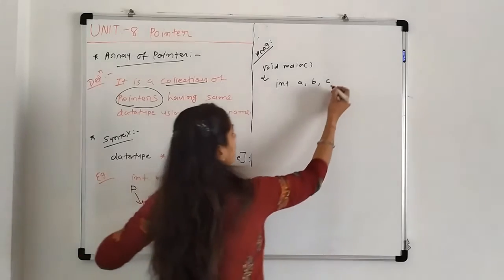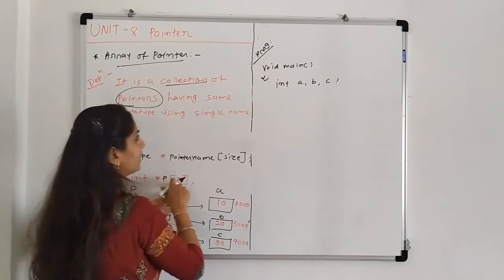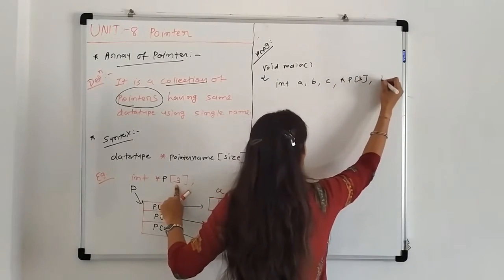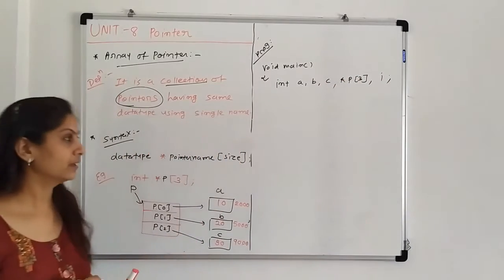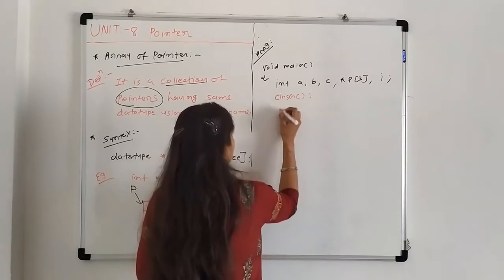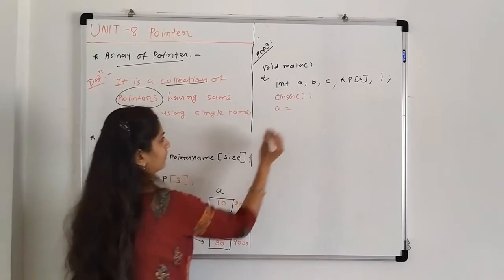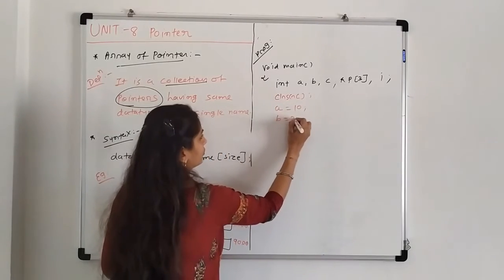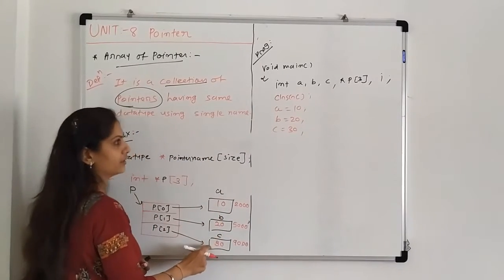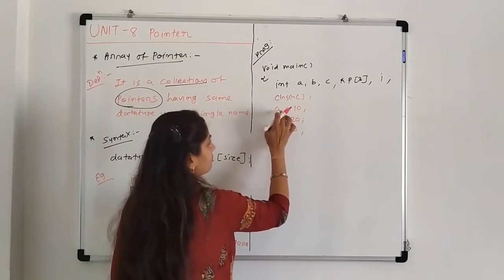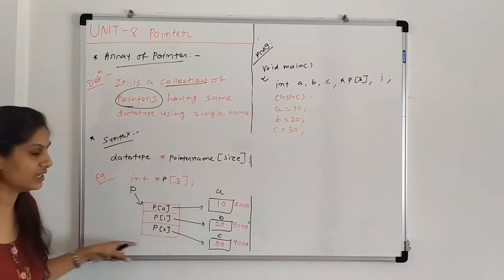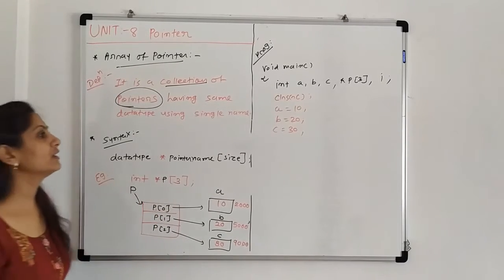And for the loop variable, I. Next is clear screen. Suppose A has value 10, B has value 20 and C has value 30. Now we have to access and print the A, B and C values using the array of pointer. How can it work?